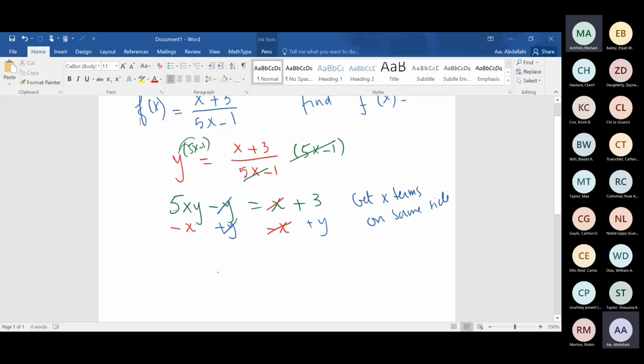So we get 5xy minus x is equal to y plus 3.